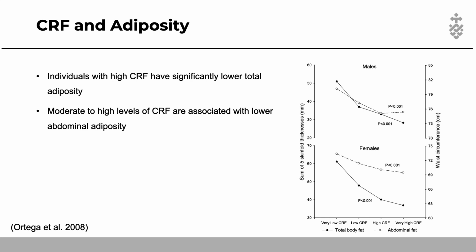Now, these results also show that a moderate to high level of cardiorespiratory fitness is associated with lower abdominal obesity. All right, so abdominal obesity being that indicator of health and visceral fat. So lower abdominal obesity in those with high cardiorespiratory fitness in childhood and adolescence.